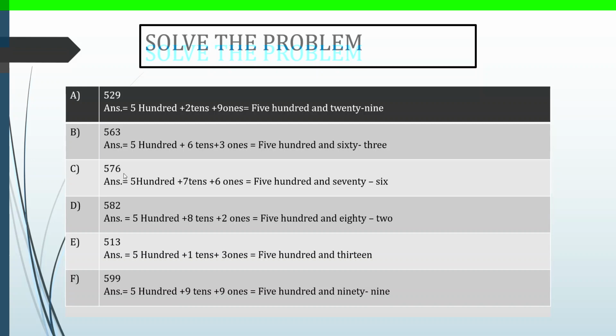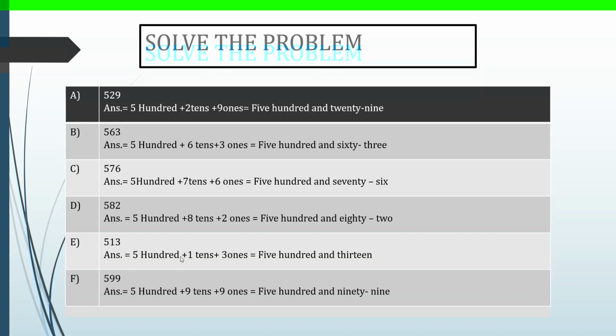Question C, you can see the number 576. 500 plus 7 tens plus 6 ones is equal to 576. Next, 582: 500 plus 8 tens plus 2 ones is equal to 582.